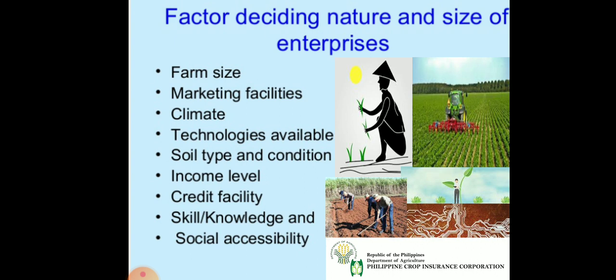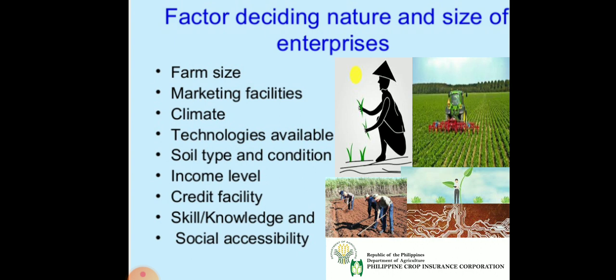Okay, so factors deciding nature and size of enterprises in farming system. The farm size. Maybe you have 300 square meters of farm. What are the possible farming methods you would establish?